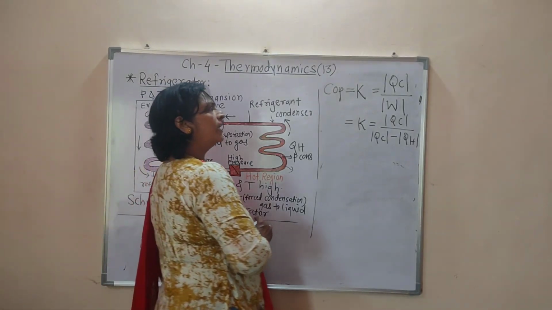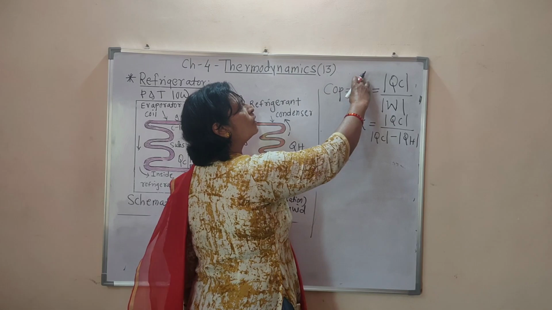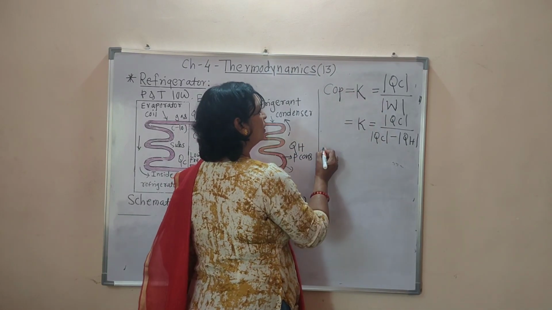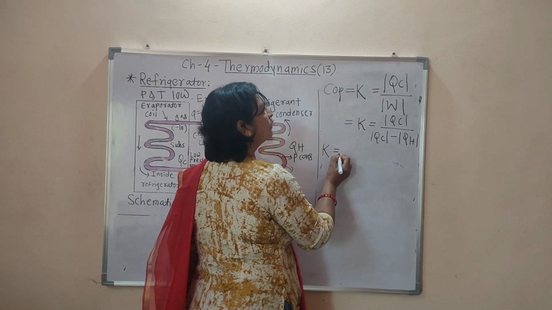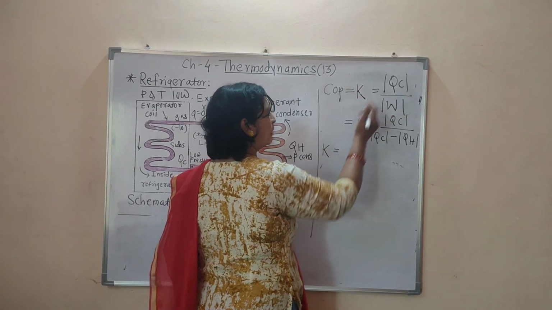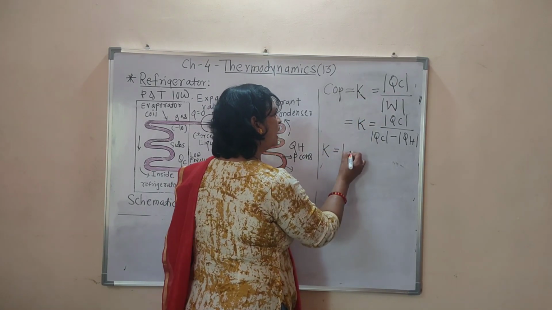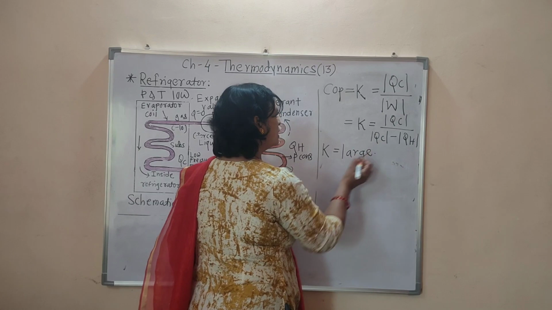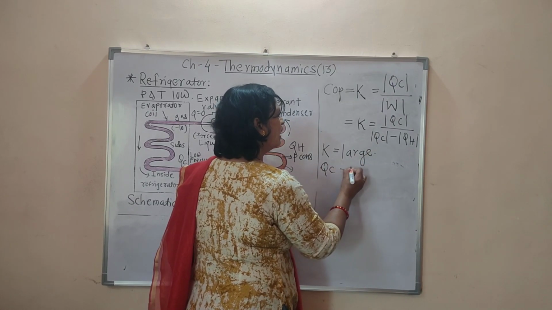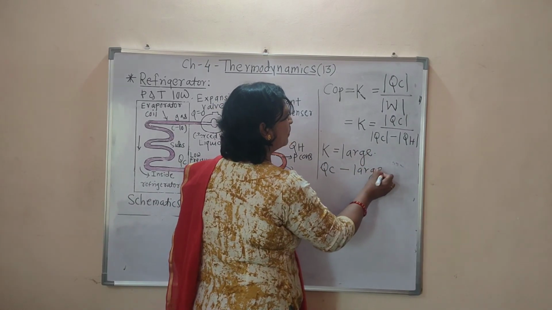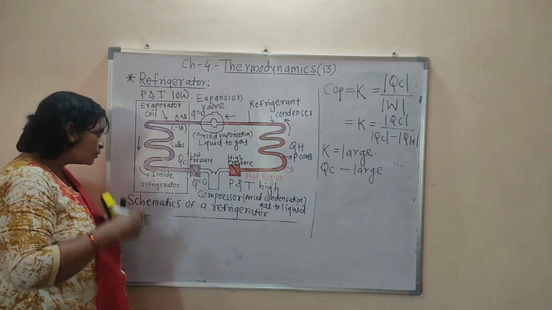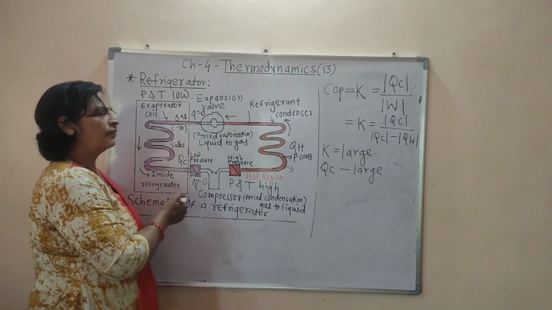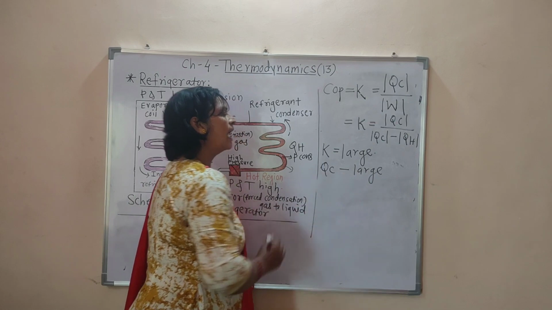For greater performance, the value of K should be large. Due to direct proportion, for K to be large, QC should be large, meaning the heat absorbed by the refrigerant should be large.